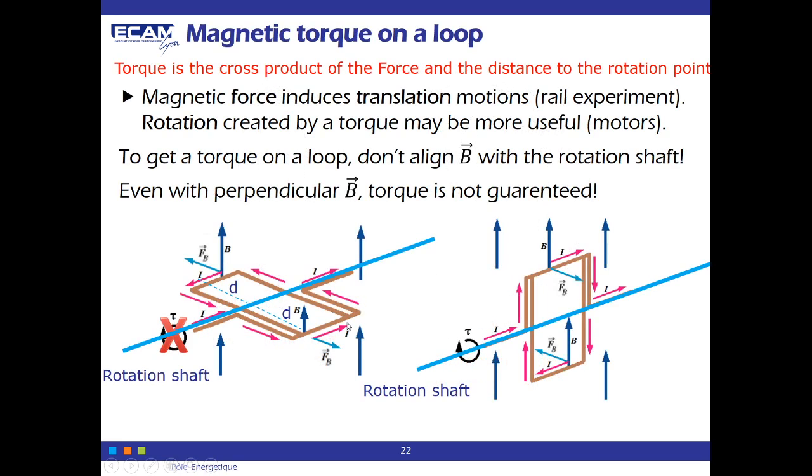And finally, after the force expression, the force definition, one of the major parameters was defined, which is the magnetic torque, which is the ability of the magnetic force to change the type of the motion.